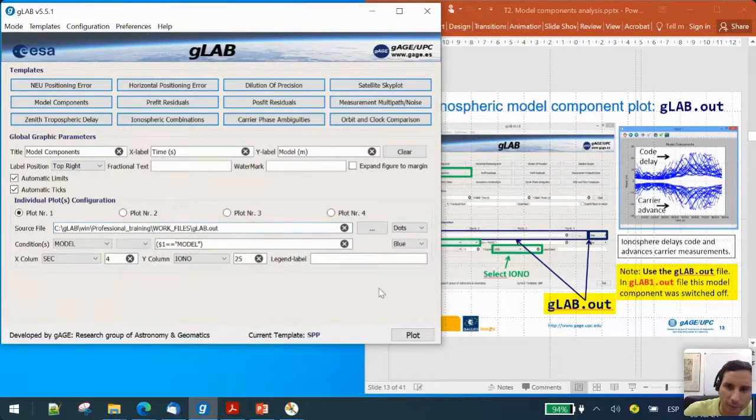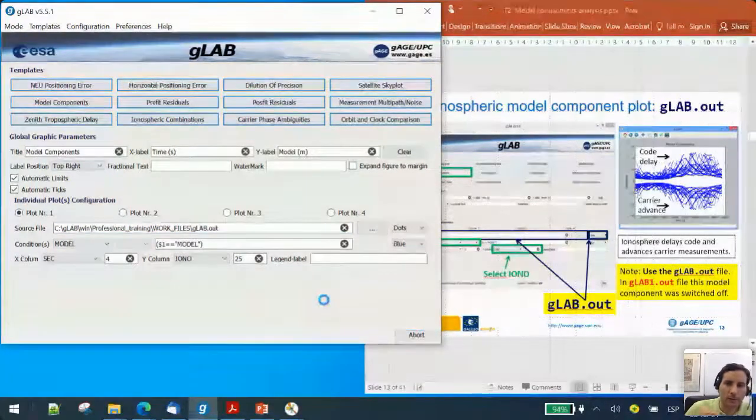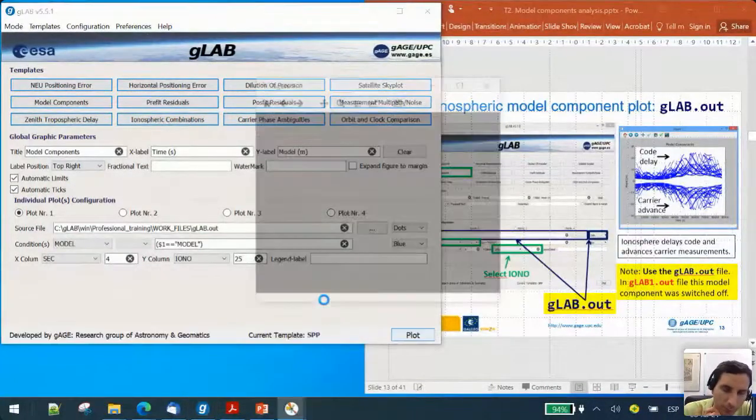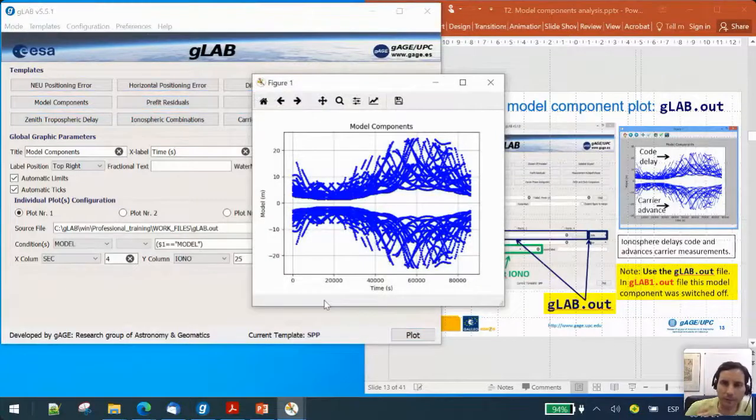And now, if we redo the plot, what we see is the result of the slide. And this is the model that we apply when we are using the Klobuchar model.